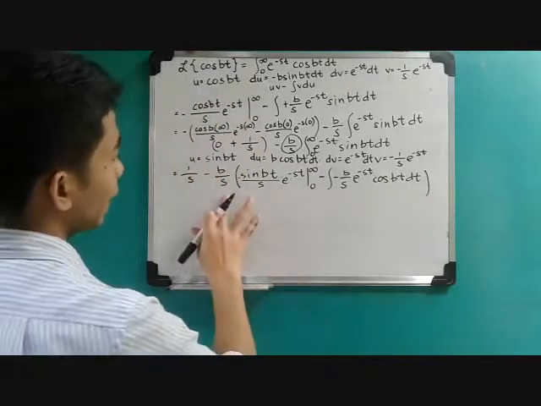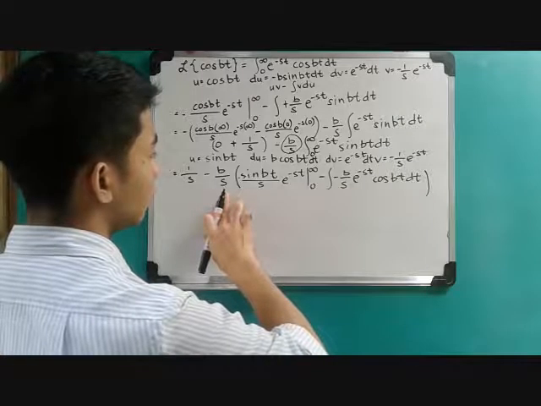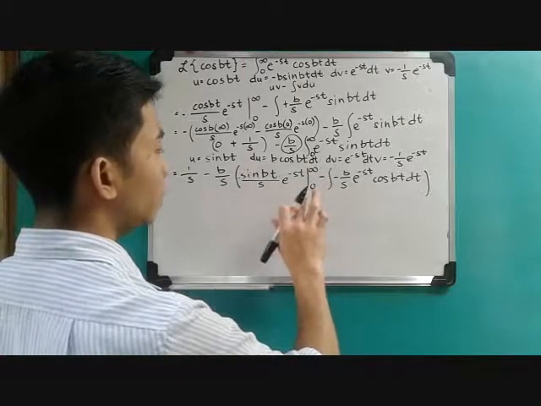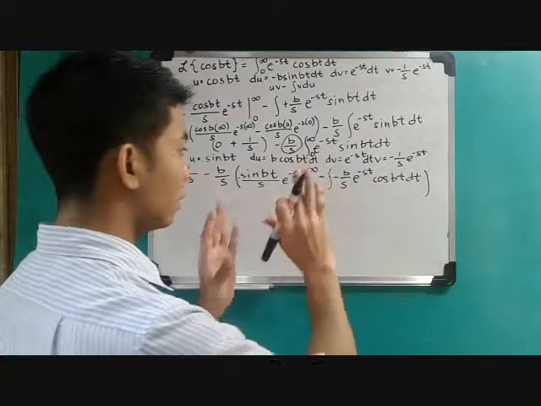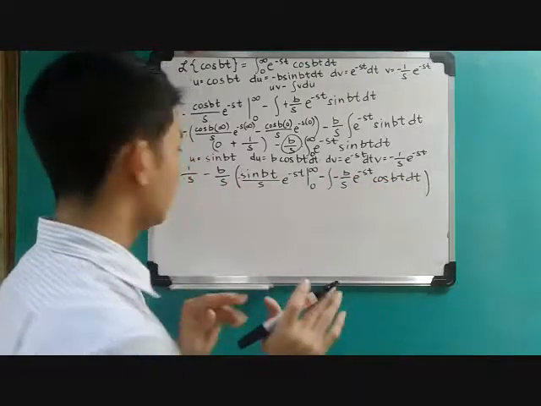So multiply negative b over s to the whole equation later.